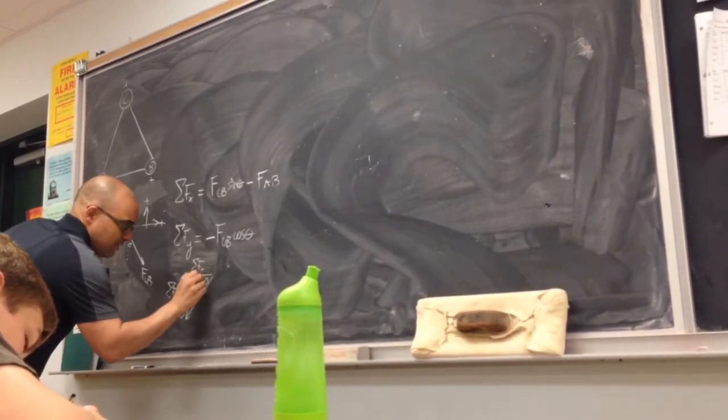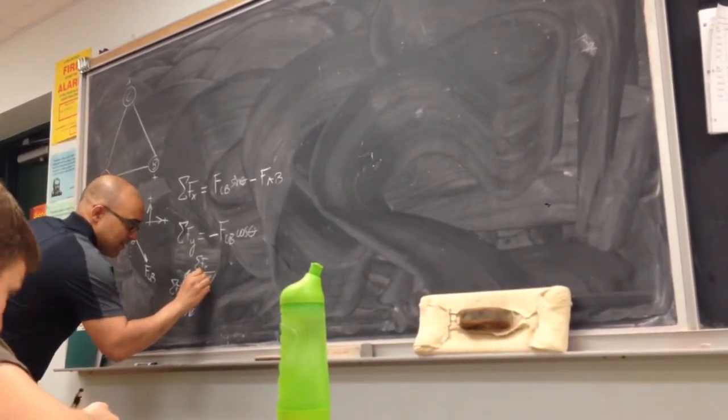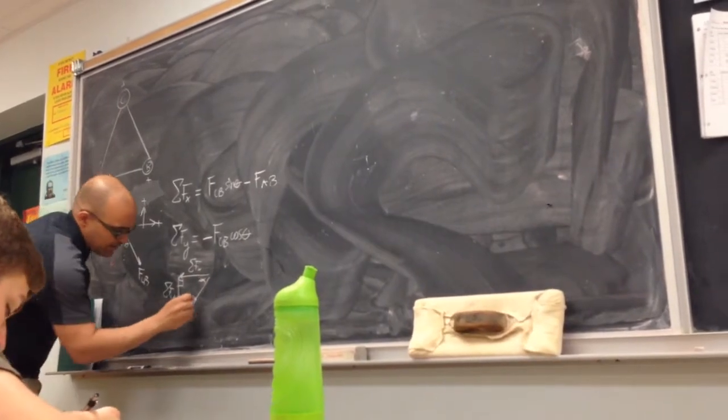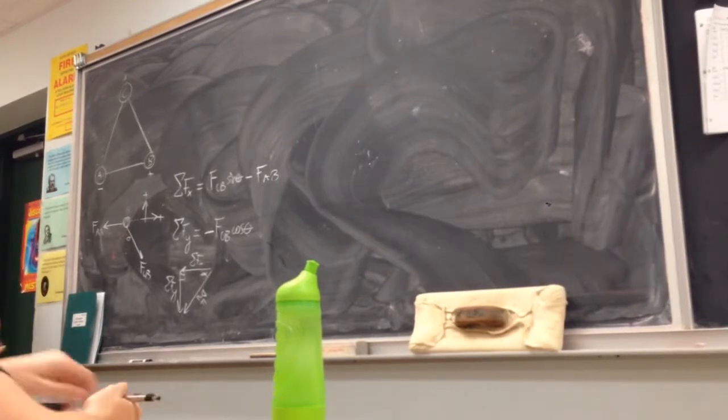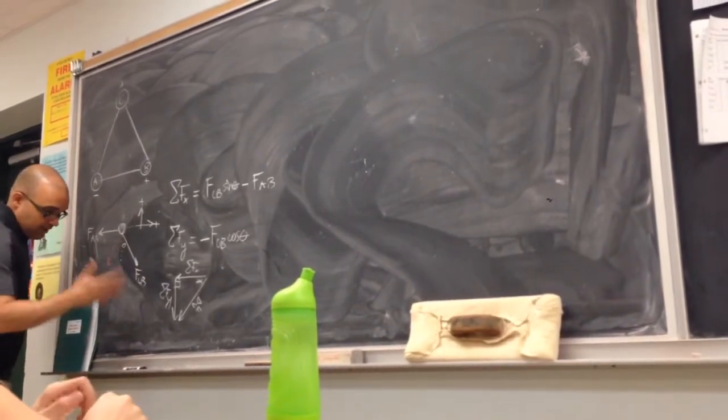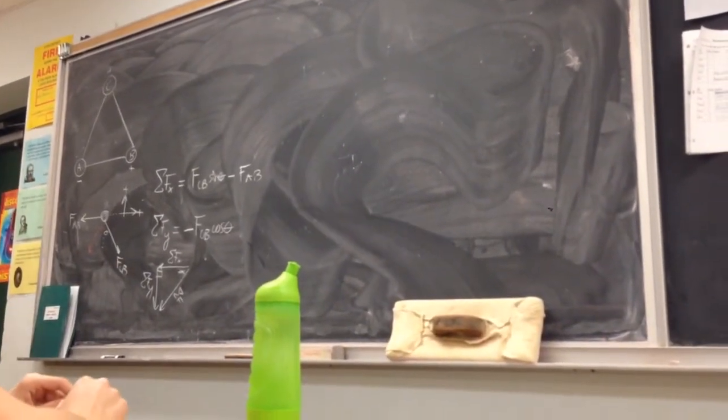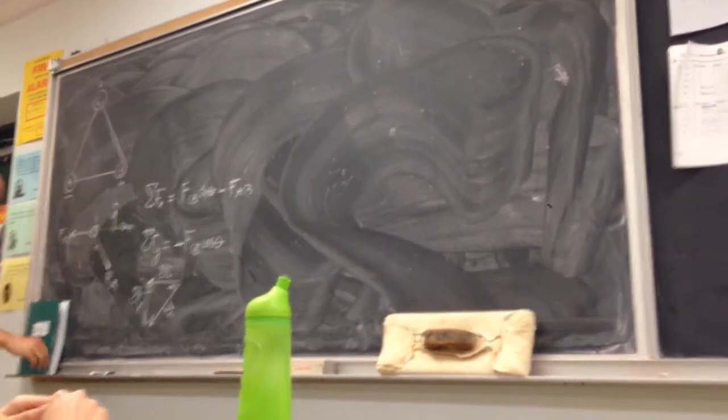That's a right angle, and that's some angle, we'll call it alpha, that we have to find to state our final answer. So the Pythagorean theorem and inverse tangent, or trig in some way, gives us the final answer. But first we've got to find FCB and FAB.